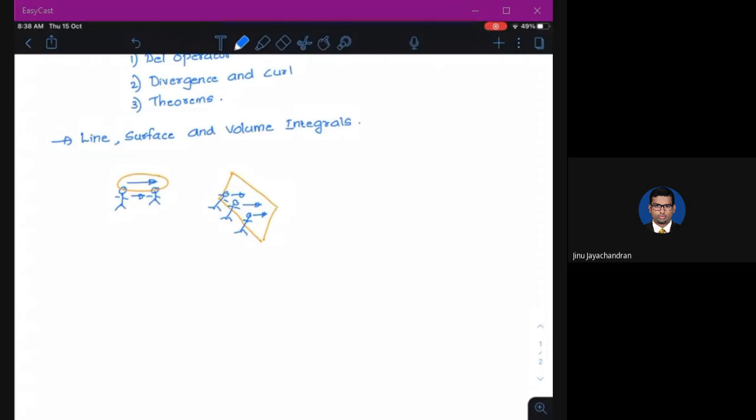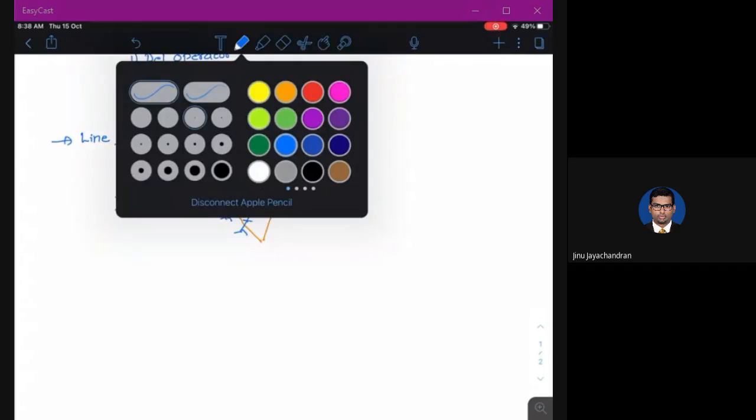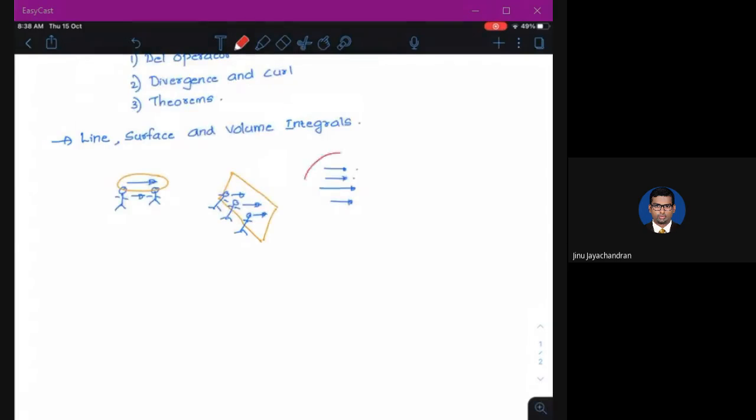If you eliminate the persons and the wall, finally you end up having something like this, right? That's a straight line. It need not be a straight line. And this is a collection of a vector quantity, and this is called a field.